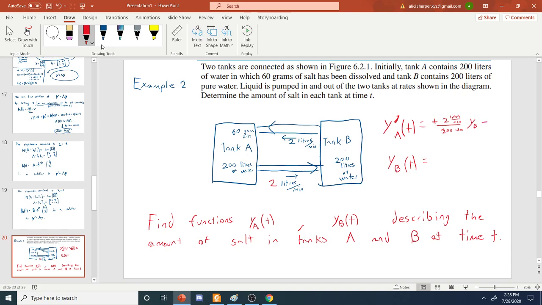And then minus, well, things in tank A are leaving into tank B, so it's going to be, again, 2 liters per minute, hold on.